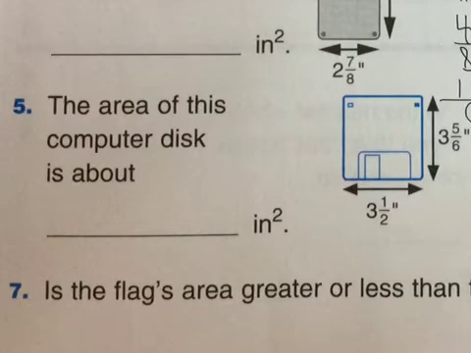Let's do question 5 the same way, where we have the formula for area again: area equals length times width. Let's memorize that, okay? Because that is definitely something that will be on the test. And let's replace the variables.